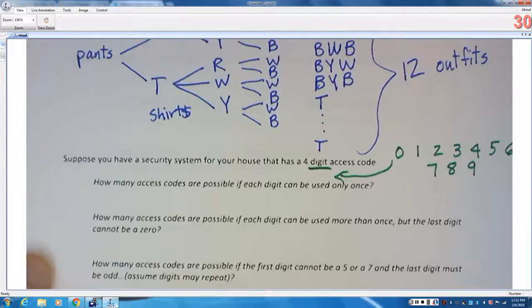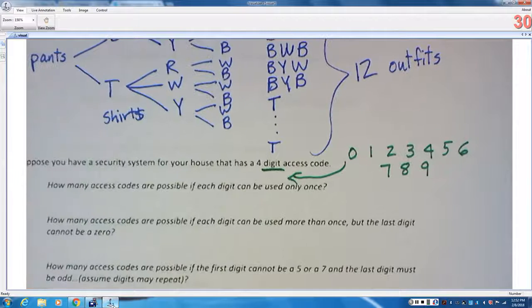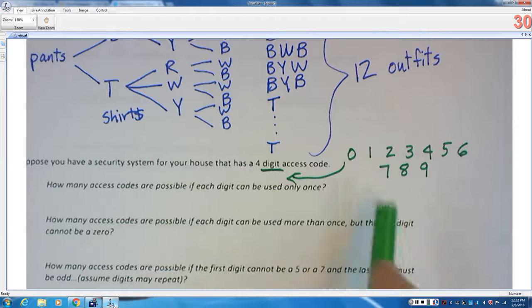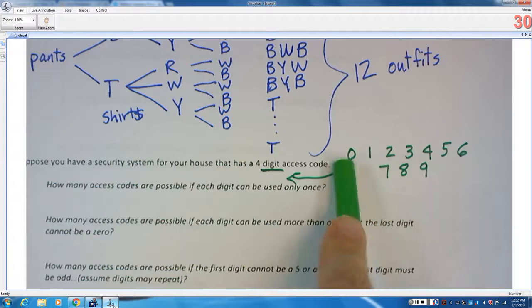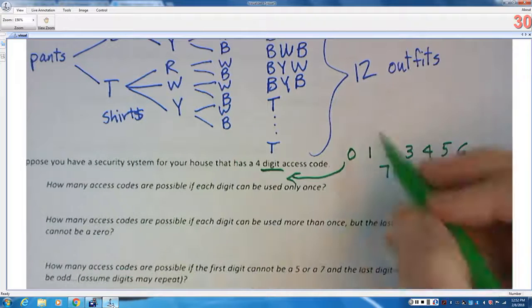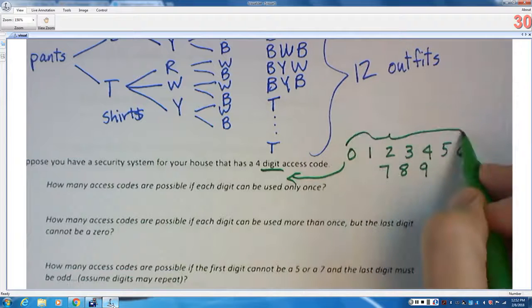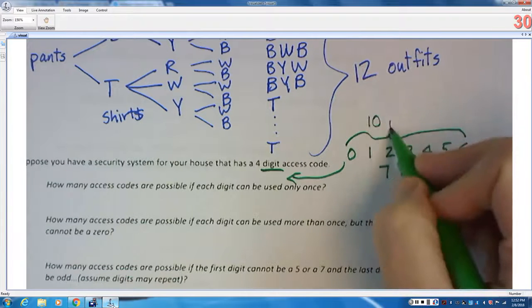You guys have codes on your garage door maybe, or even to your car. You can't press the number 10, but there are 10 possible digits, because 1 through 9 is 9 and 0 is 10. So each digit has 10 possibilities.